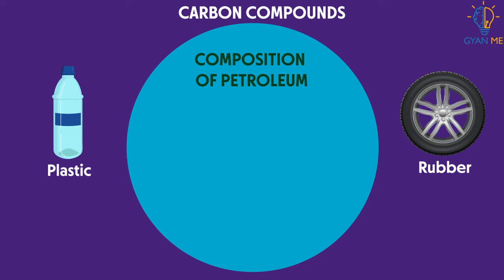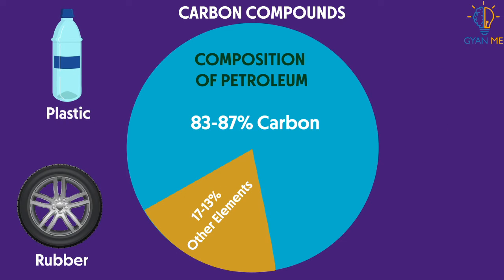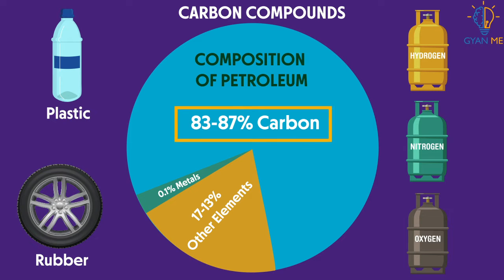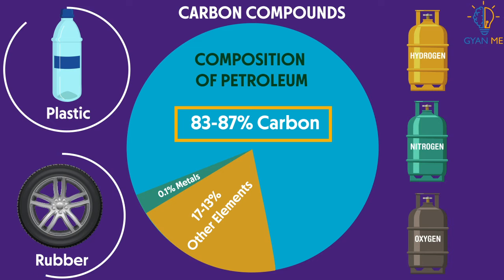And petroleum contains 83 to 87% of carbon combined with 13 to 17% of other elements like hydrogen, nitrogen, oxygen and less than 1% of metals. Since petroleum contains 83 to 87% of carbon, plastics and rubber also contain that much carbon.